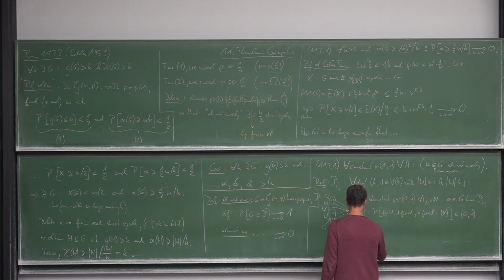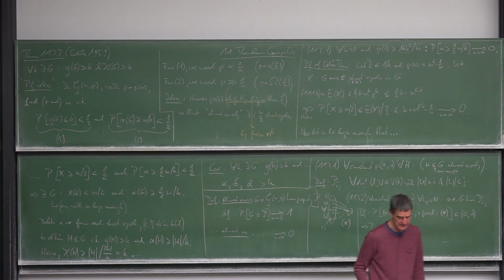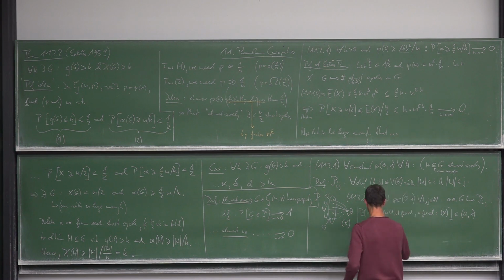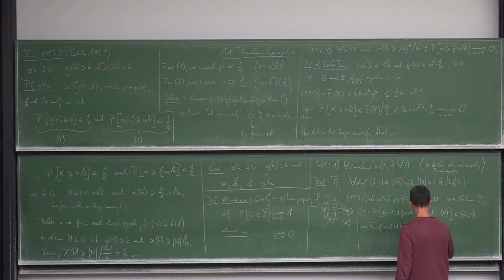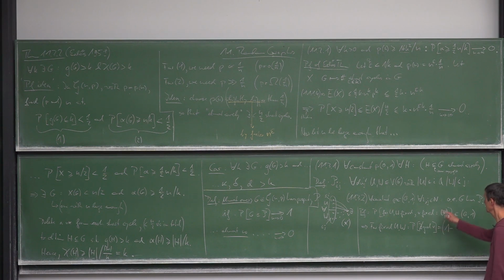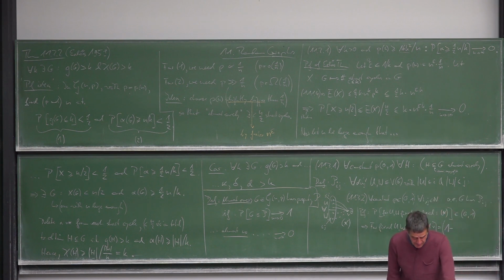That is something between 0 and 1. Okay, so write this first for fixed U and W, the probability that there is no good v is 1 minus the probability of a particular choice of v being good, to the power of the number of candidates.